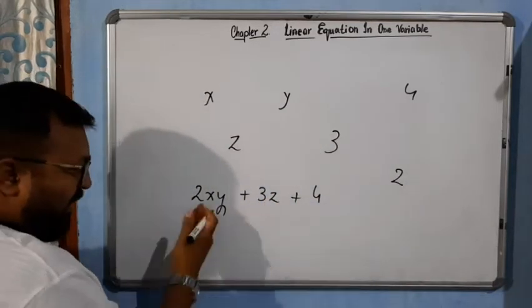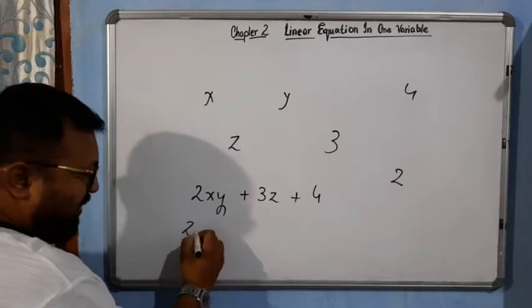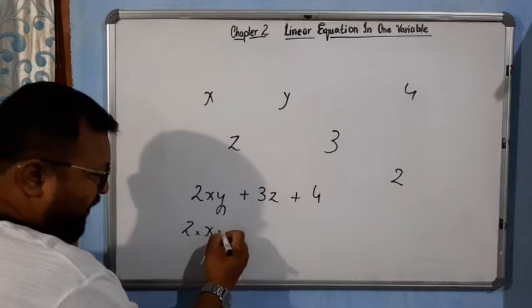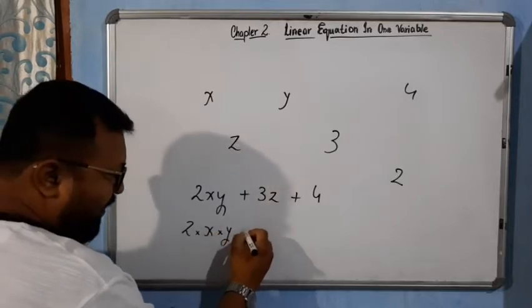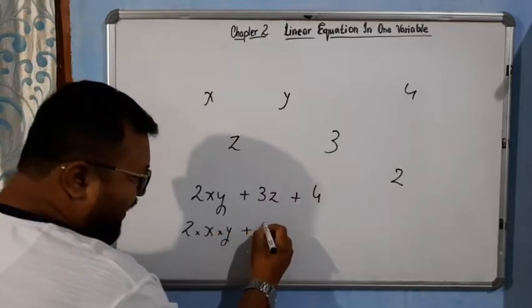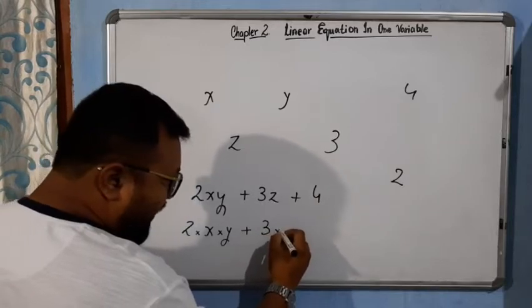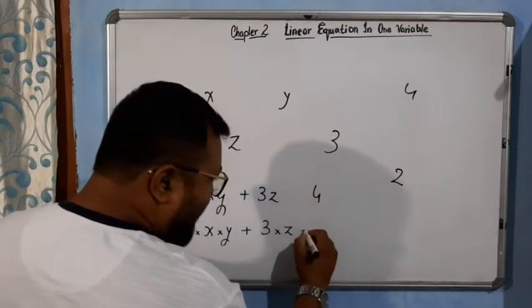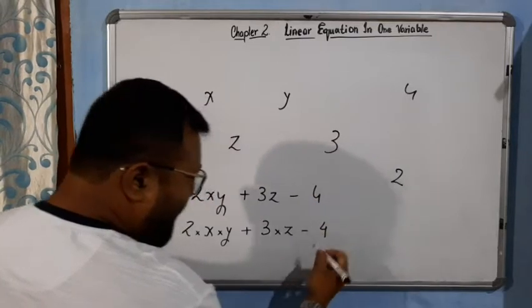Look at here. In this case, 2 is multiplied with x, which is multiplied with y. Then again one addition is there, then 3 is there, then again multiplication is there, then z. Suppose let me use minus here and 4.